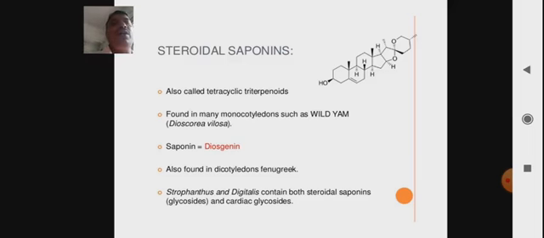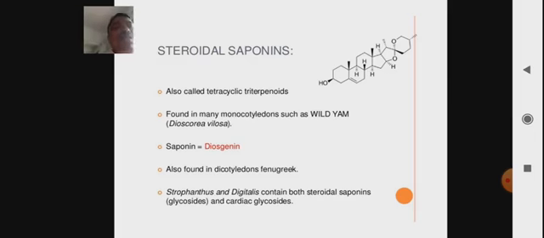Diosgenin is the chief active constituent of the tubers of Dioscorea deltoidea. It is also found in the dicotyledon fenugreek. That is why Dioscorea and fenugreek are both used in the treatment of rheumatism. They have anti-rheumatic activity and are used for the manufacture of sex hormones and corticosteroids.